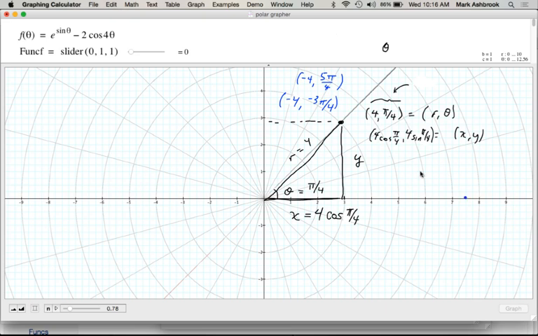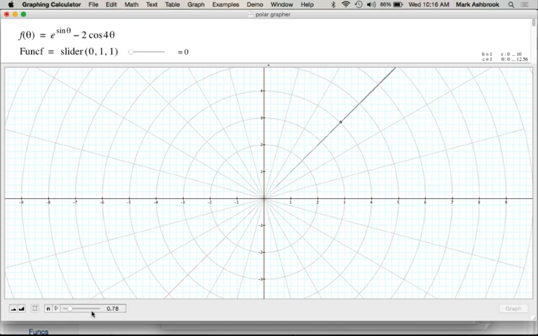Okay, so then what about in general? Any questions? Can I erase? So in general, if I've got any point, okay, this is any point r comma theta.